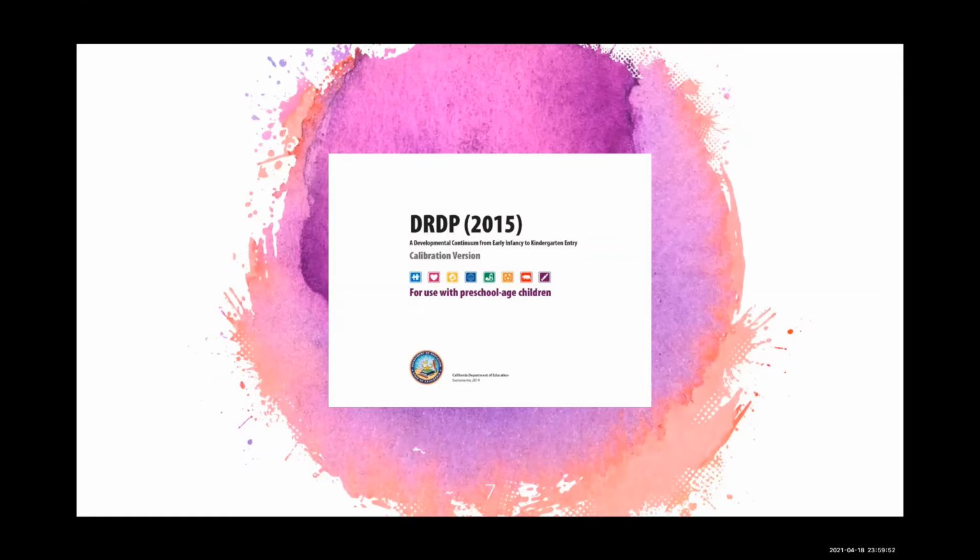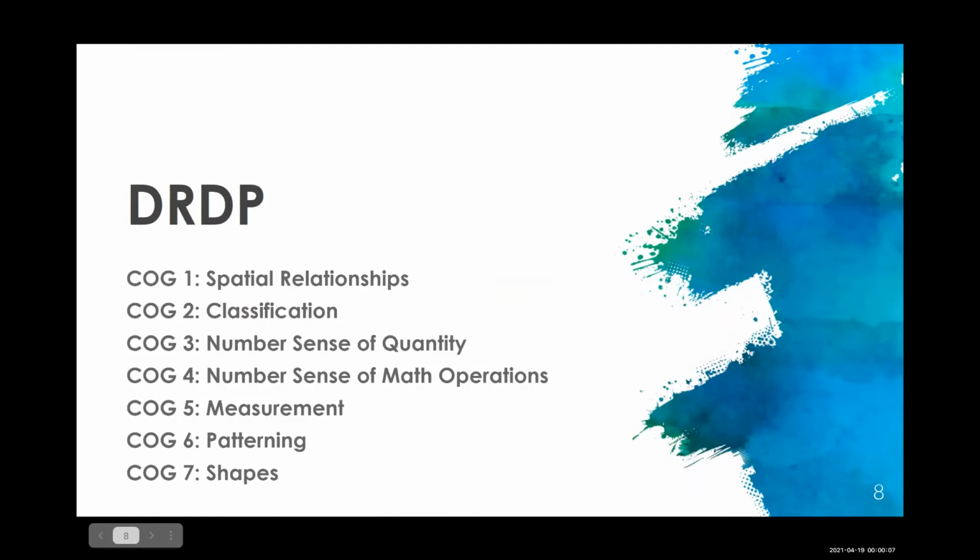And of course, if we've talked about the preschool learning foundations, we also have to talk about the DRDP. And hopefully many of you are familiar with the DRDP and its use as an assessment tool for young children. Now, the DRDP has a few different measures that relate to math learning.